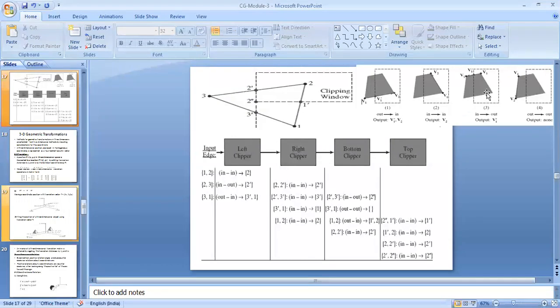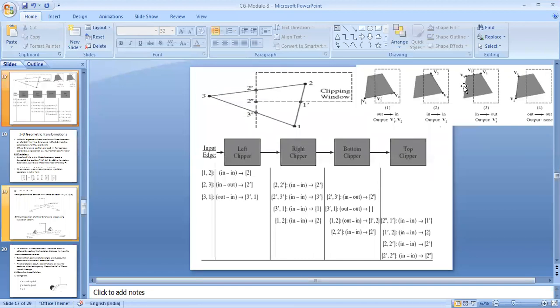Okay, now come to the third scenario. In the third scenario, V1 is here, V2 is here. That means I am moving from inside to outside. In the first part, I was moving from outside to inside. In the third scenario, I am moving from inside to outside.